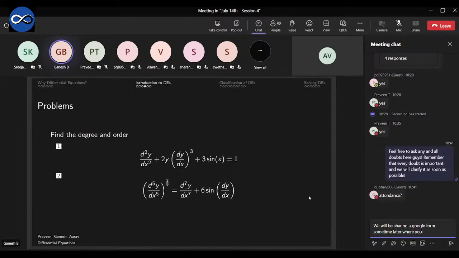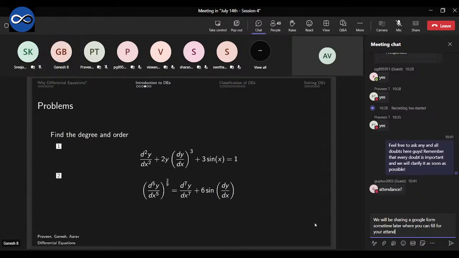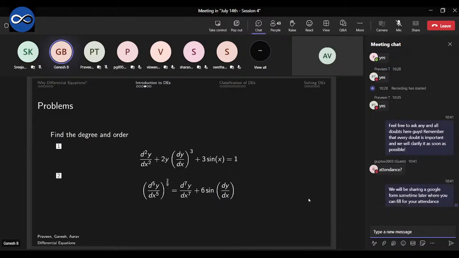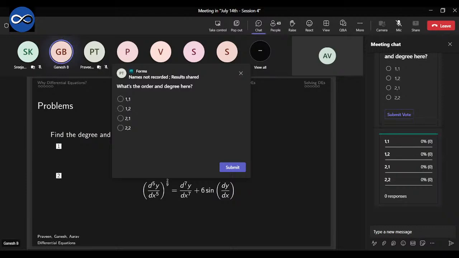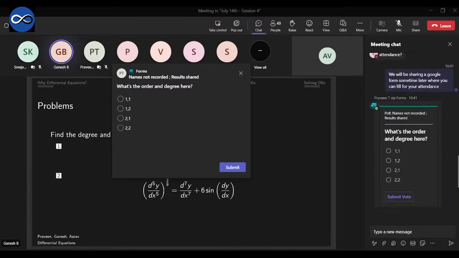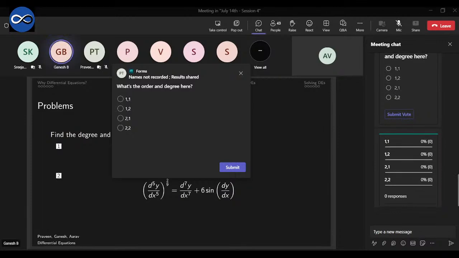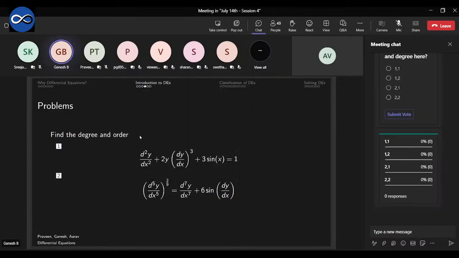I think we'll do degree. Can you do them both simultaneously? As in both degree and order. Yeah, the poll is there. Just fill in your answers. I'll give you a couple of minutes to do this. The first one should be pretty easy.